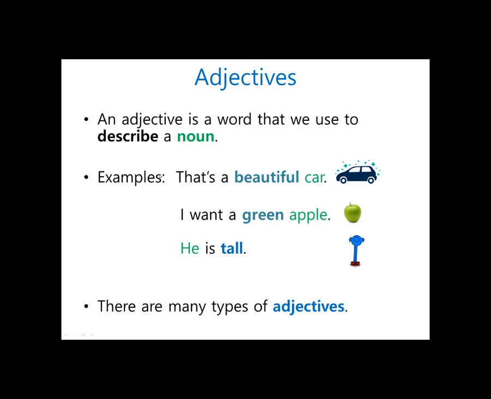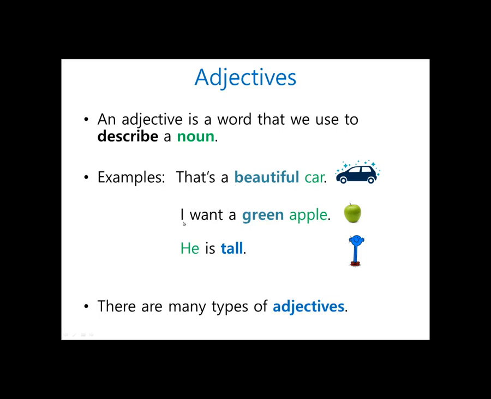Here are some examples. That's a beautiful car. So here, car is the noun, and it's colored green for nouns. Car is a noun, and beautiful is the adjective describing the noun. So what kind of car is it? It's a beautiful car. And this is an opinion adjective.